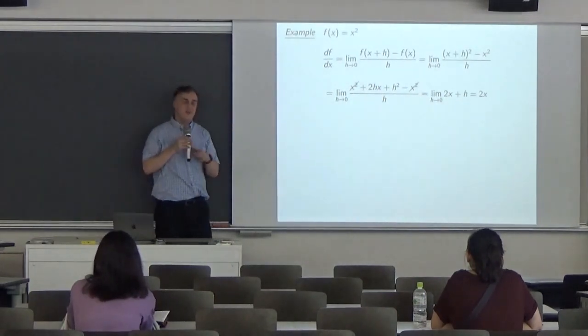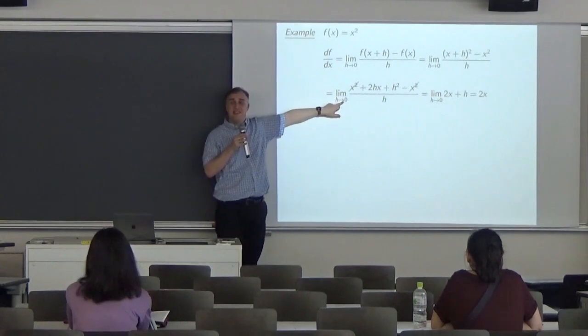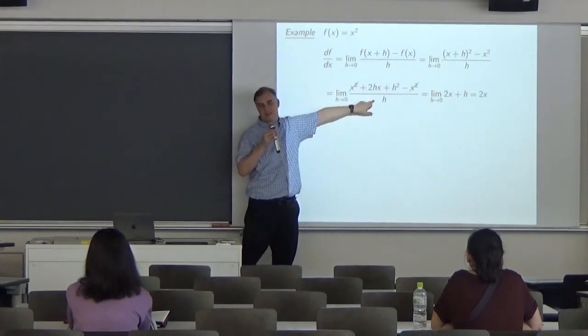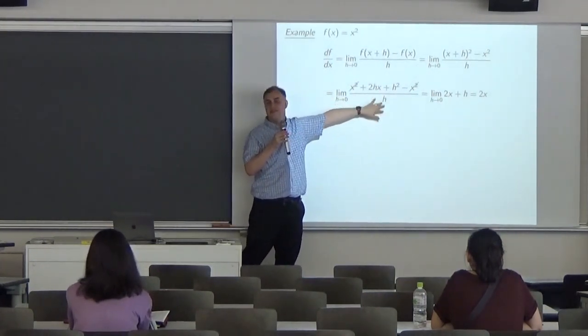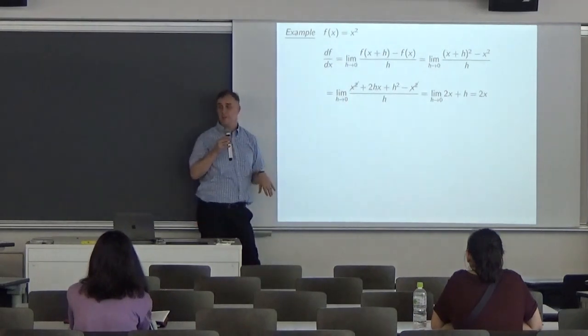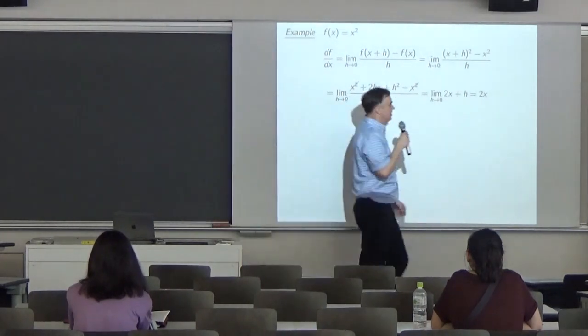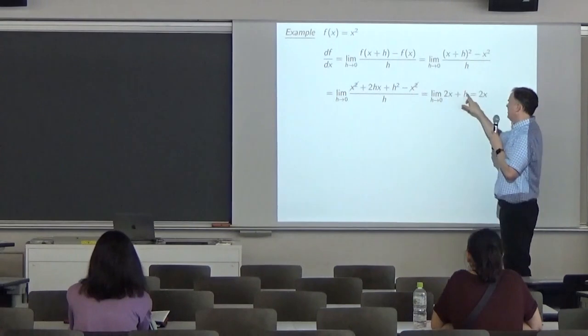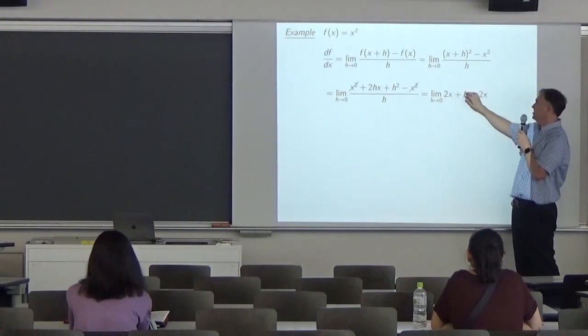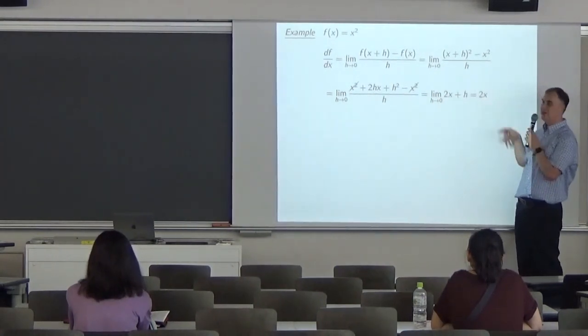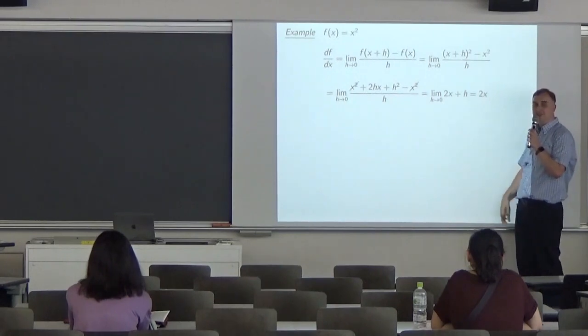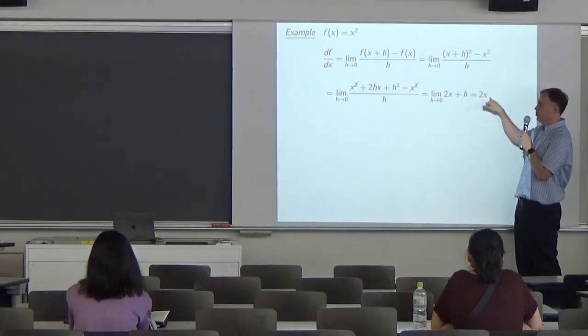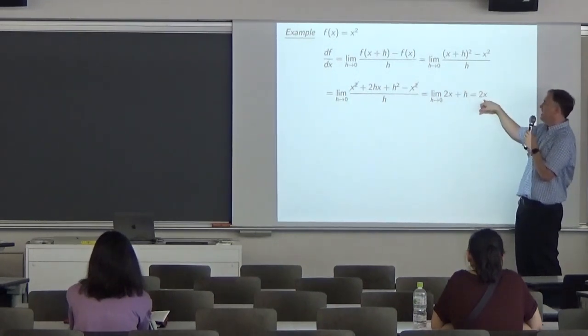In the limit process, h never reaches 0, so it's always some non-zero number, and therefore I can always divide by it. So that's a perfectly okay calculation. At the end of it, if I look at 2x plus h, as h goes to 0 this is going to get smaller and smaller, so the bit we'll get left over is 2x. So this defines 2x as being the slope of the curve x squared at any value of x that we're given.